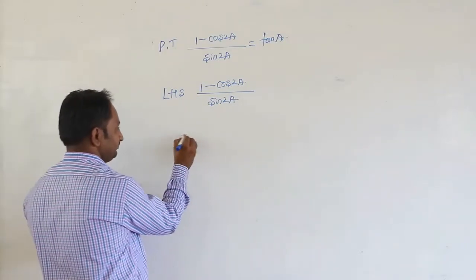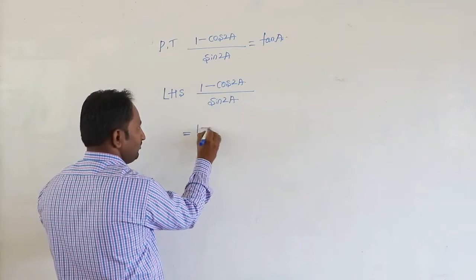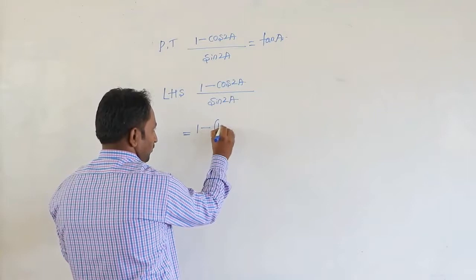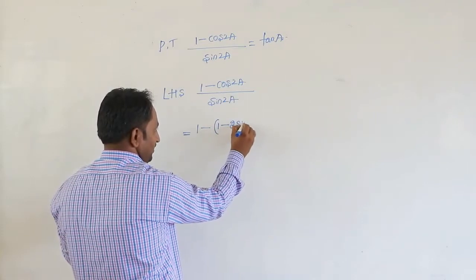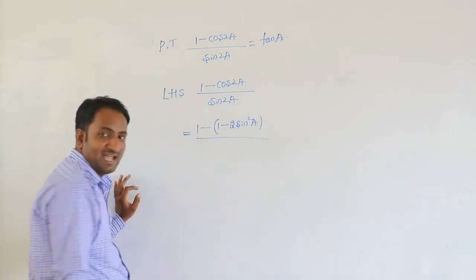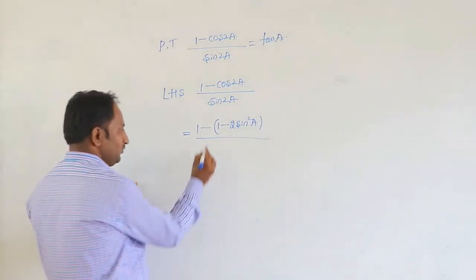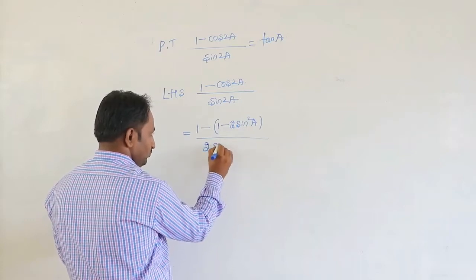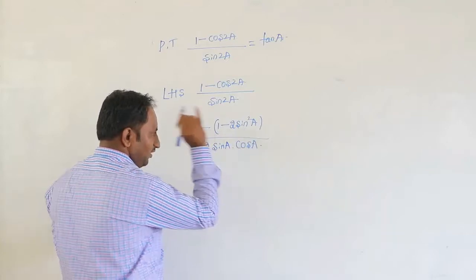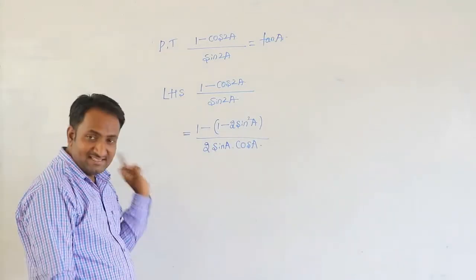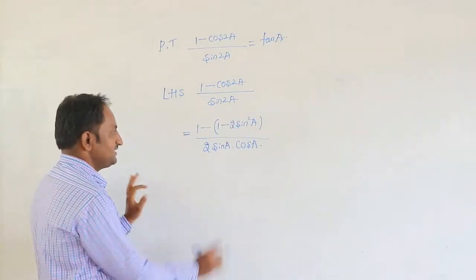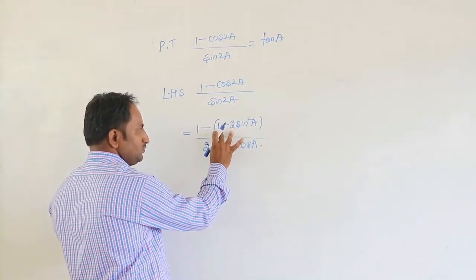Here 1 minus cos 2a can be expressed as 1 minus 2 sin square a, whole divided by sin of 2a. Sin of 2a is 2 sin a into cos a. Formula: 1 as it is, minus as it is. Cos of 2a formula can be expressed as 1 minus 2 sin square a.